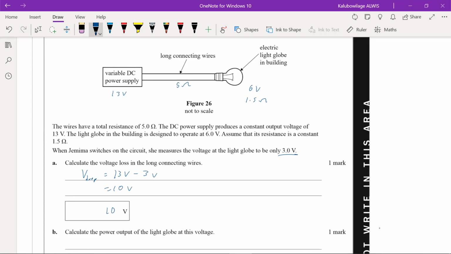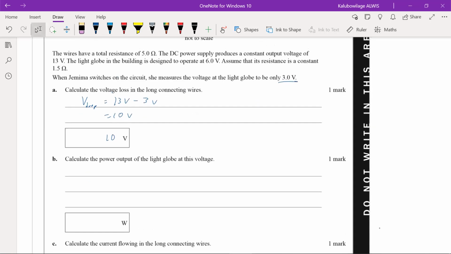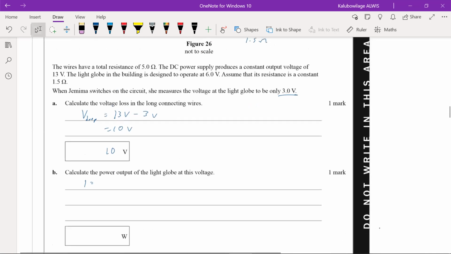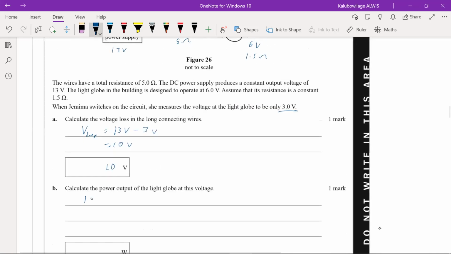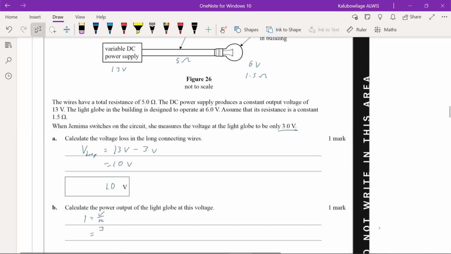Power output, need to find. I don't think you need to find the current first, but I did. This is for at the light bulb, where the voltage is 3 and the resistance is 1.5.